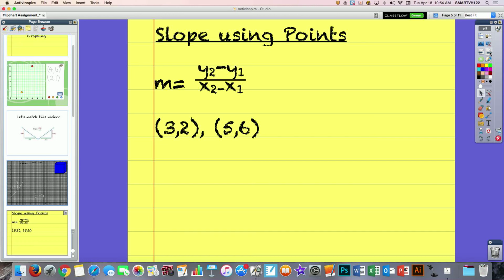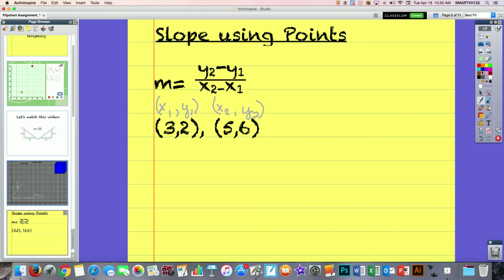Alright, so sometimes we don't have the graph, so we need to figure out the slope using the points. So the formula is m equals y2 minus y1 over x2 minus x1. So using these points, we've got 3, 2. So this actually is x1 and y1, and 5, 6 is actually x2 and y2.